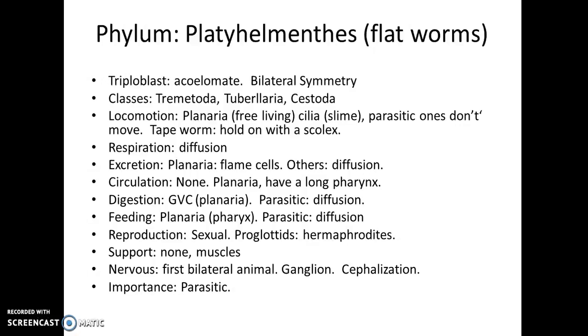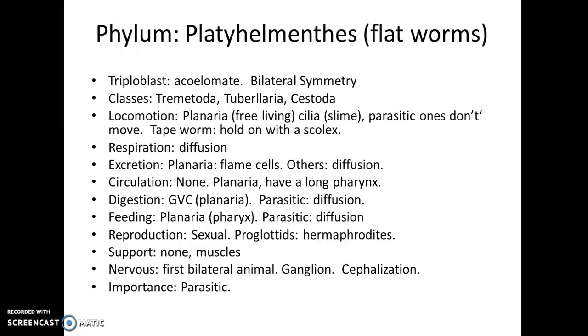And when the organism goes to the bathroom, proglottids will rip off and go along with the feces, self-fertilize, lay their eggs, and the eggs will end up in the ground, and some type of animal will eventually eat the eggs and take them in, and they will have a baby tapeworm. Support, they have none.